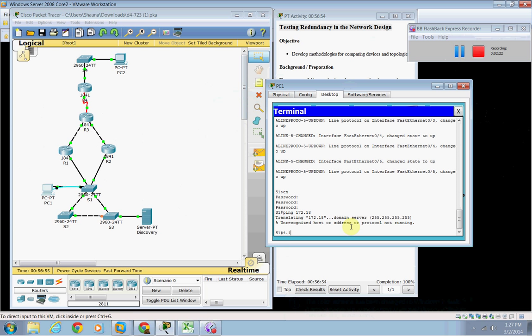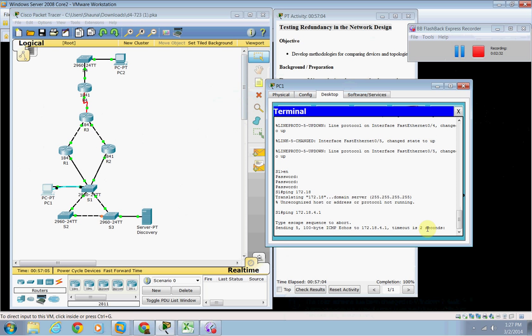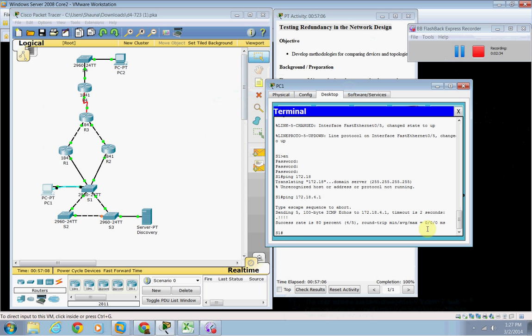Nice. Okay, that seemed to work. Then we're going to ping 0.5.